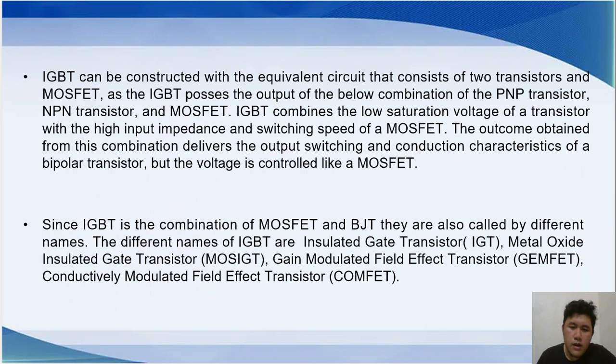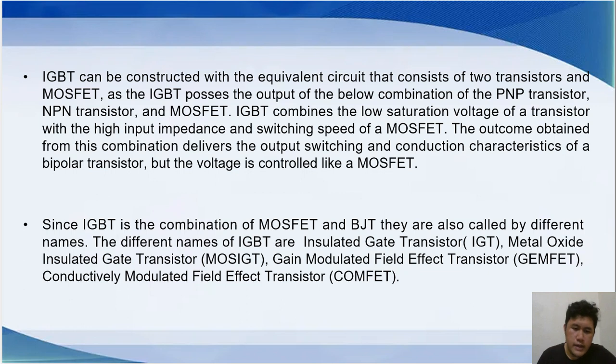IGBT combines the low saturation voltage of a transistor with the high input impedance and switching speed of a MOSFET. The outcome obtained from this combination delivers the output switching and conduction characteristics of a bipolar transistor, but the voltage is controlled like a MOSFET.